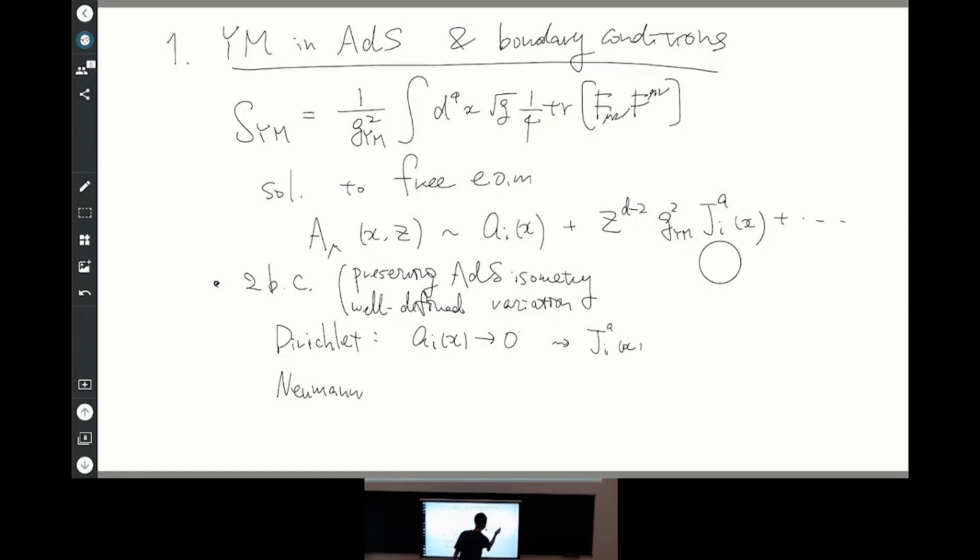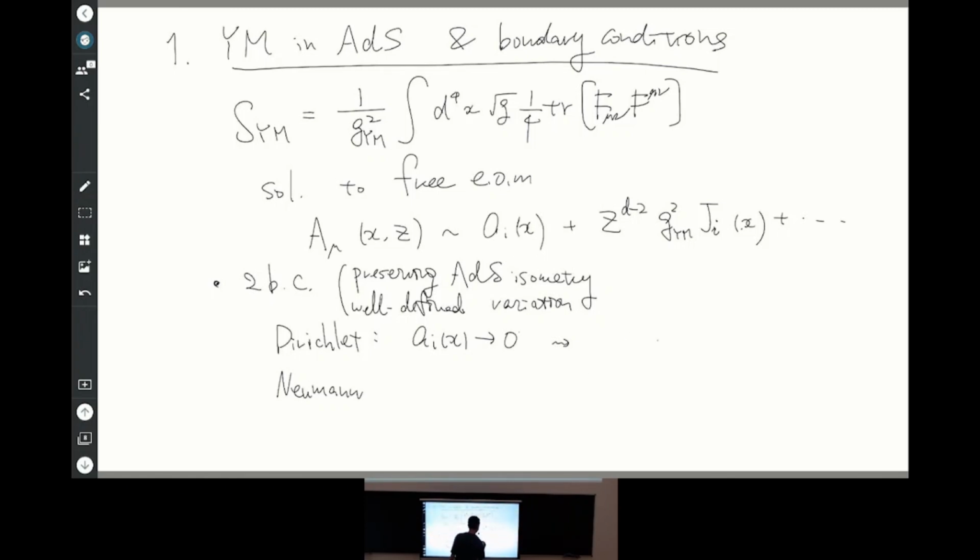These indices are super confusing, so I should write J_mu and A_mu. Right, yes, I should write i indeed.